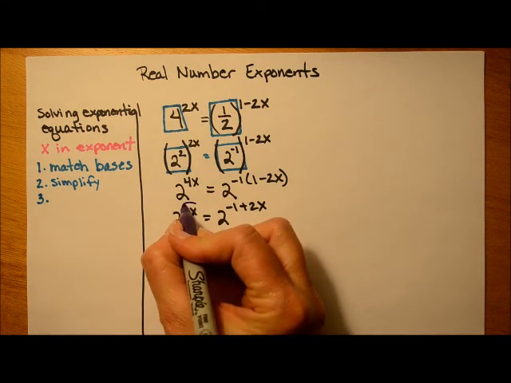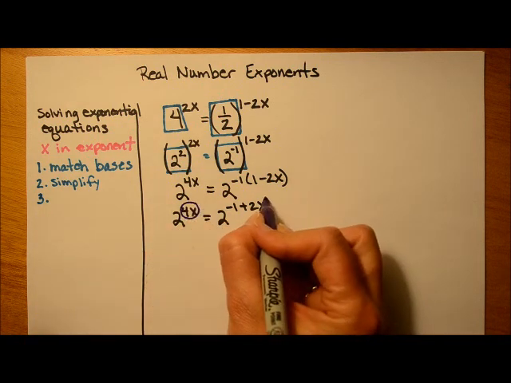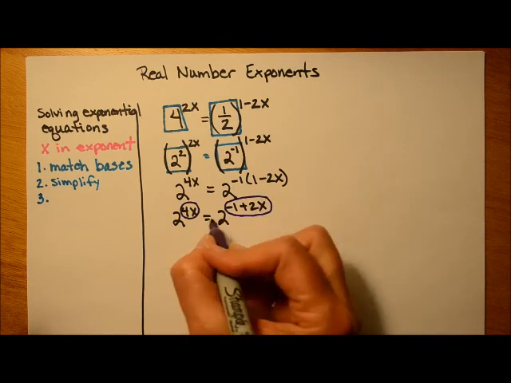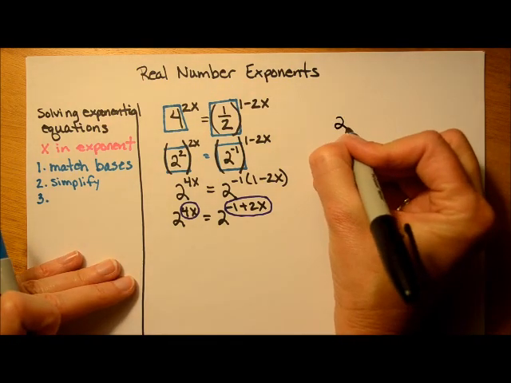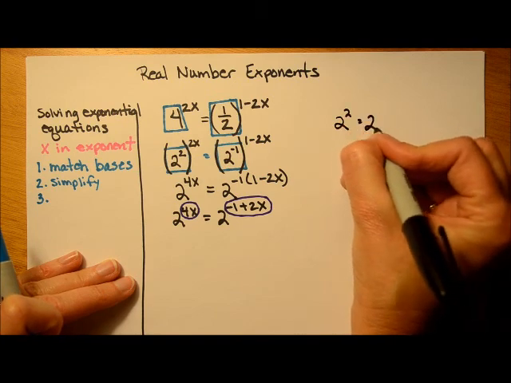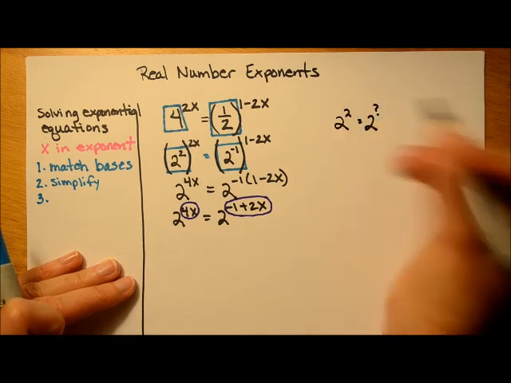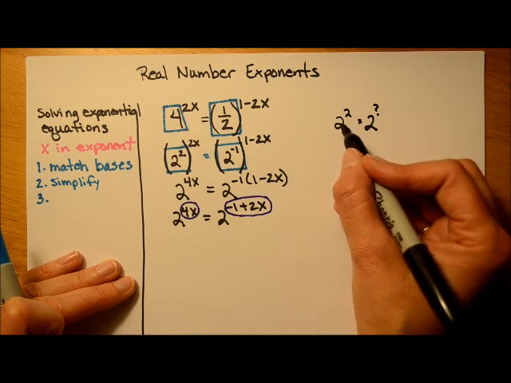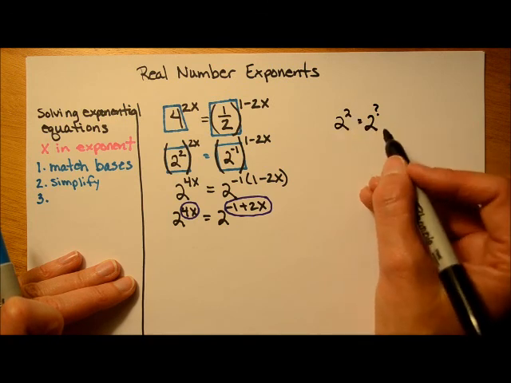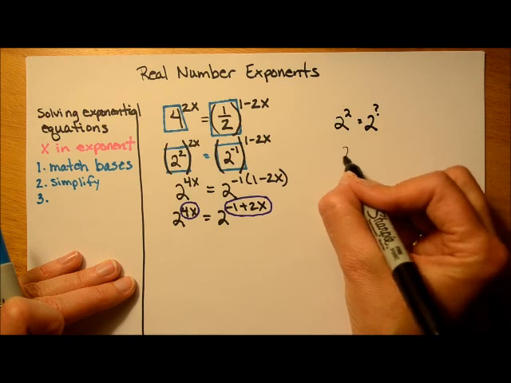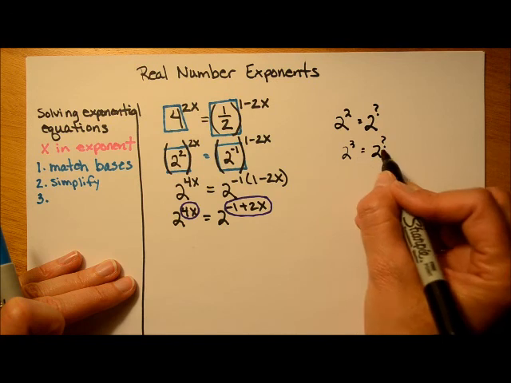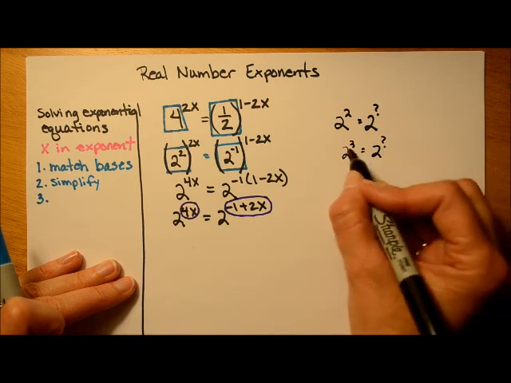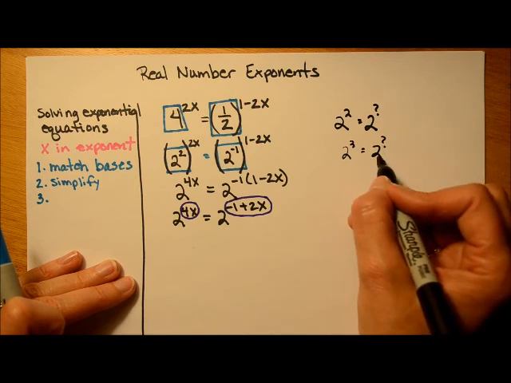Wouldn't this have to be equal to this to make this a true statement? They would have to be equal. So for example, if I had 2 squared equals 2 to something, what would it have to be? Well, wouldn't it have to be 2 squared? Or if I had 2 cubed equals 2 to the something, wouldn't this something right here have to be 3 to make it equal? Wouldn't it?